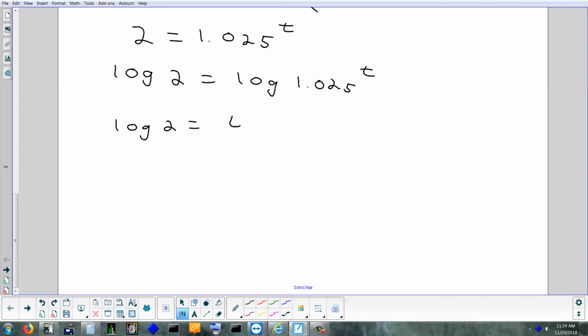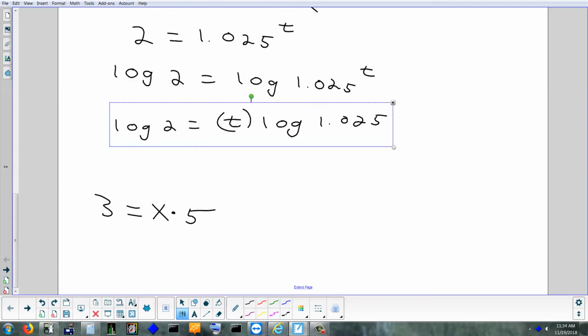Log 2 equals t times log 1.025. Now what I have here is basically like this. Number equals letter times another number. I want to get the letter by itself. So how would I get t by itself?